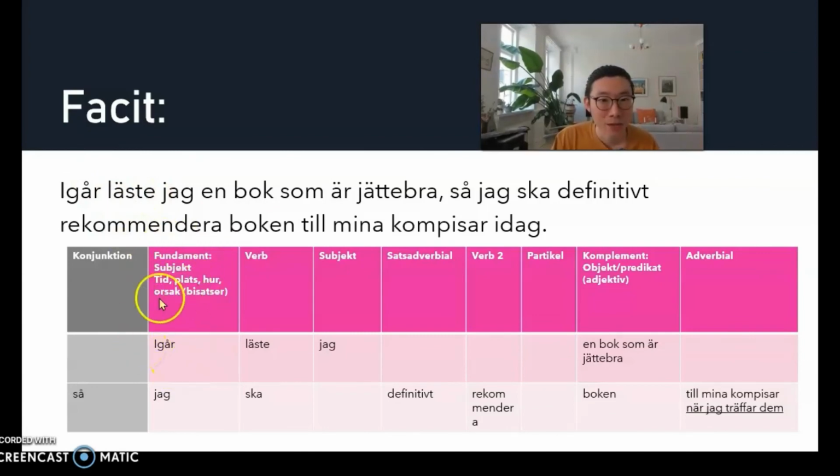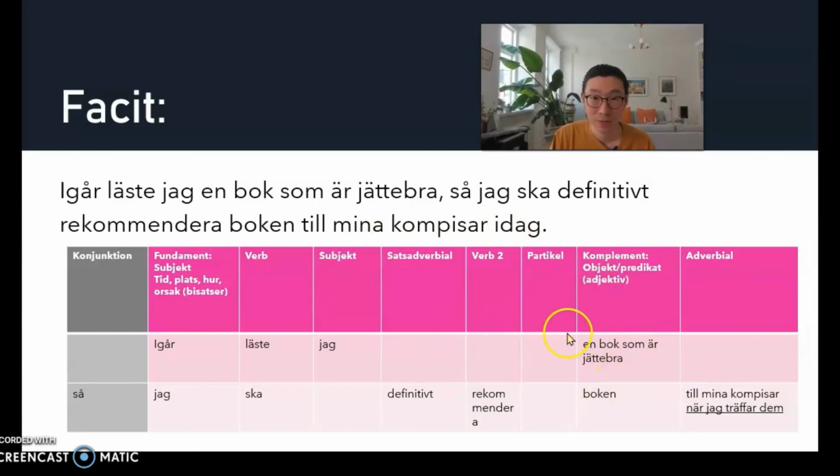Igår, subjekt. Nej, igår är inte subjekt, förlåt mig. Igår is the adverbial. Igår, adverbial. Time adverbial. Igår läste verb, jag, subjekt. En bok som är jättebra.